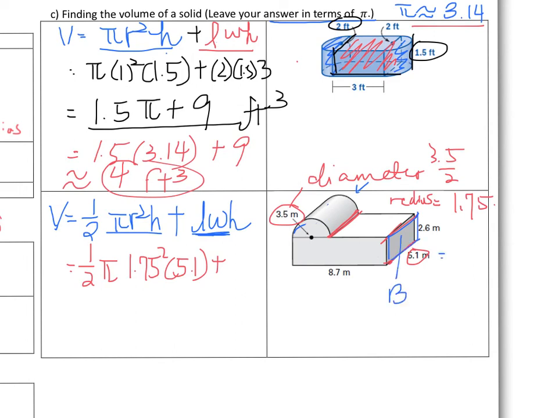So 5.1 should be your length, 2.6 should be your width, 8.7 should be your height. So L is 5.1, W is 2.6, and the height is 8.7.